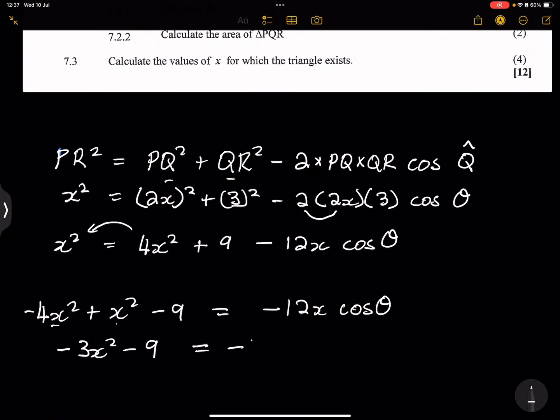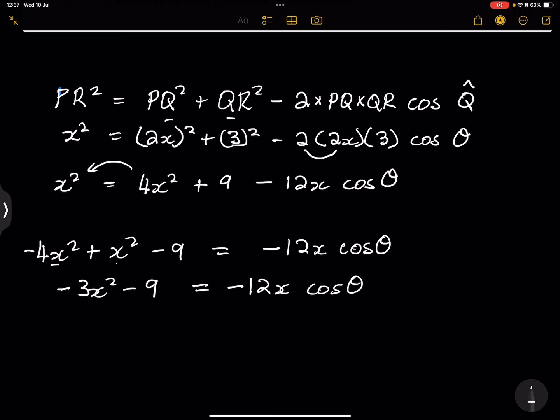This is equal to negative 12x, the cos of theta. In this case, what we can do is take out a common factor there, which is negative 3. So that's negative 3. We're left with x squared plus 3. It's equal to negative 12x, the cos of theta.